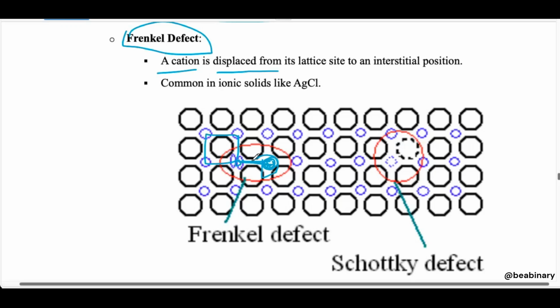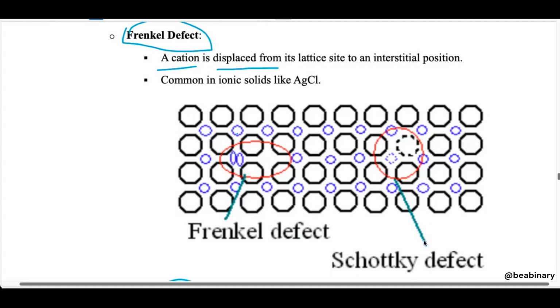What is the difference between the interstitial vacancy or the Frenkel, in which you can say the same arrangement, not a foreign element? At the same time, they are basically making two kinds of defects. First one is the vacancy defect, and here is the interstitial defect, because this cation is coming from here to here, right? So it means they are creating two kinds of defect together. So this is known as the Frenkel defect.